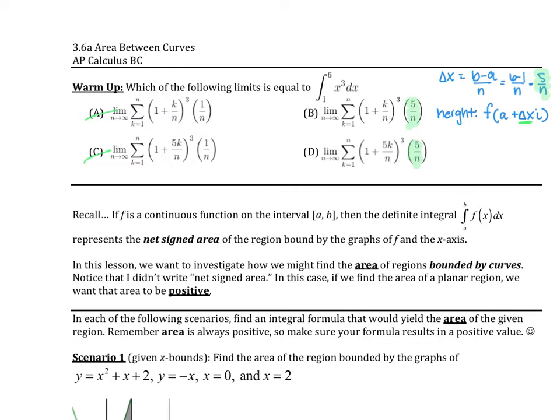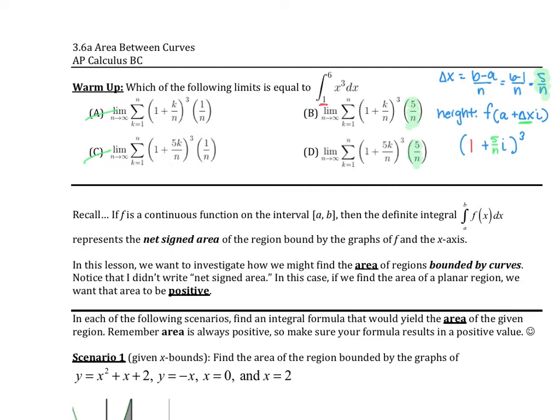The function that was given was something cubed. I notice all of them have something cubed, so really now I just need to make sure my function is correct. The a value is from my lower bound, so that will be 1, plus delta x we already got, 5 over n, and then we usually use i.